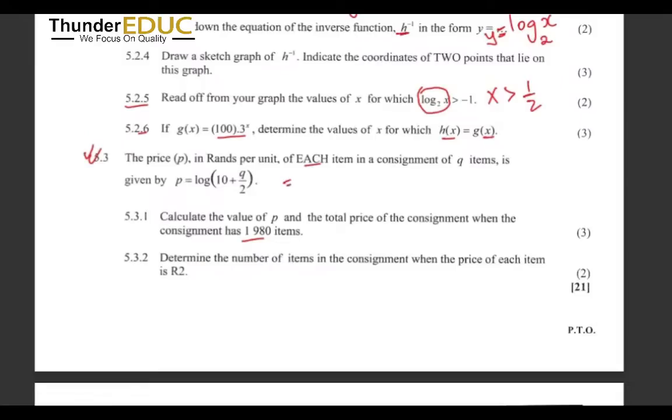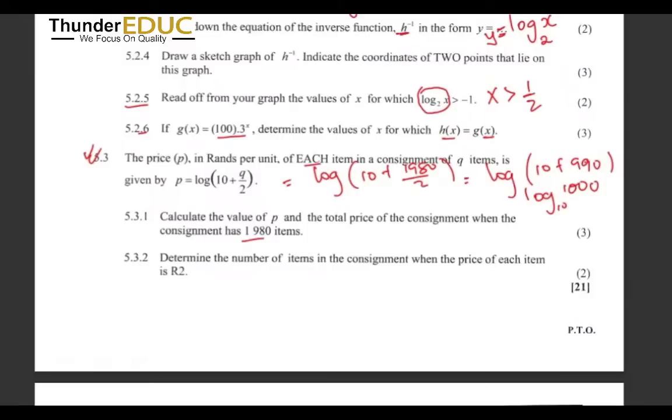So let's just substitute that. So it's going to be log of 10 plus 1980 divided by 2. So we know that 1980 divided by 2 gives us 990. So this is going to be the log of 990 plus 10, which gives us the log of 1,000. Okay, now, the log in this format, for as long as it doesn't have any base, the base is always a 10.